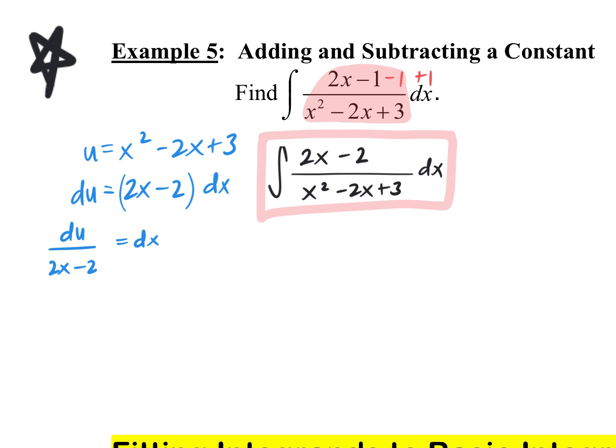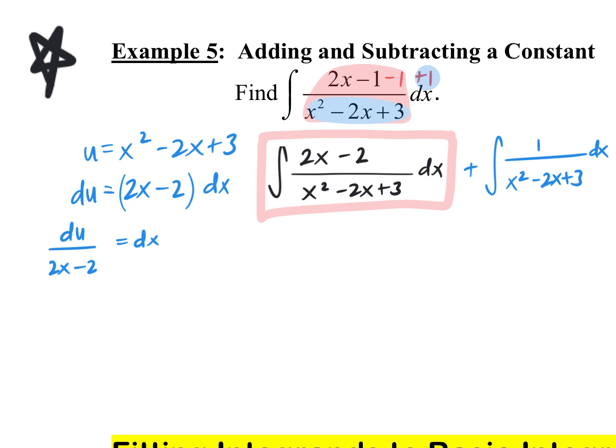Okay. And then I have a plus 1, but is it just plus 1 plus the integral of 1? Or is it 1 over all this stuff? It's 1 over all that stuff, right? So then I'm going to have plus the integral of 1 over my denominator. Are we okay with how I split that up there?